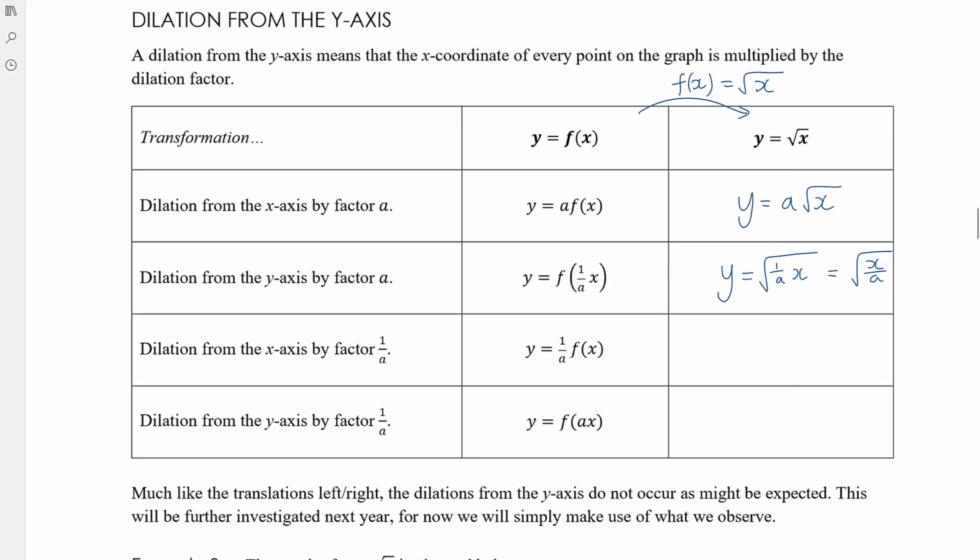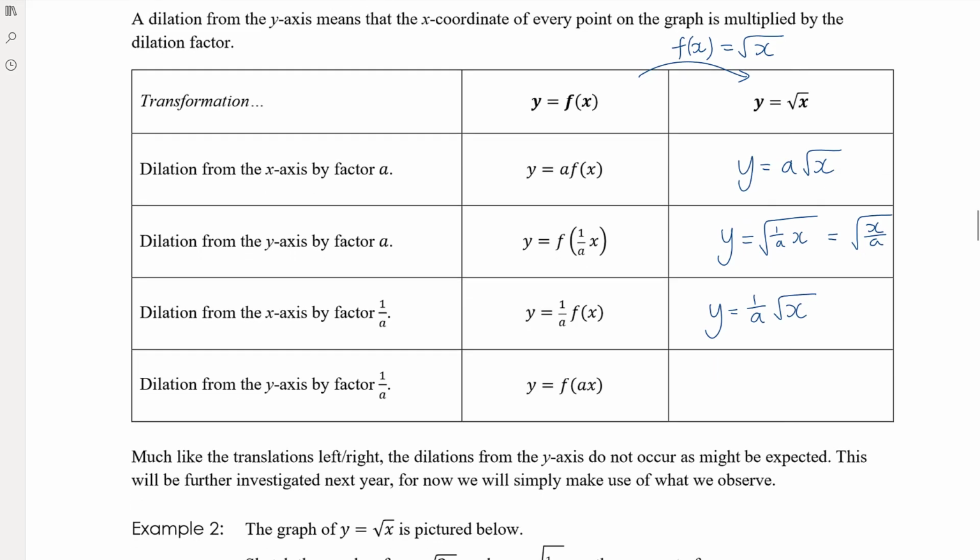If we want to dilate from the x-axis by a factor of 1/a, we would put 1/a out the front of the function. 1/a times the square root of x would dilate from the x-axis by 1/a, so it would squash down towards the x-axis. If we want to dilate by a factor of 1/a from the y-axis, it is going to be y equals f of ax.